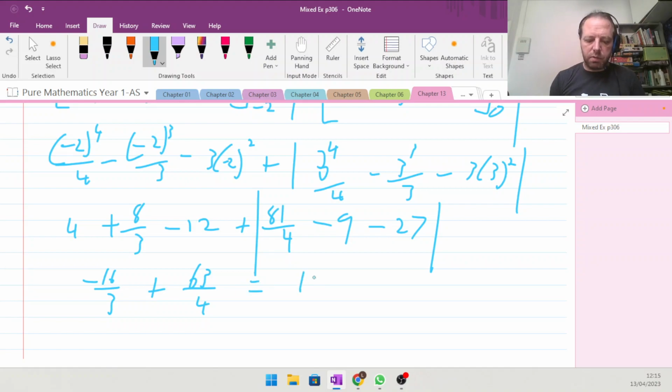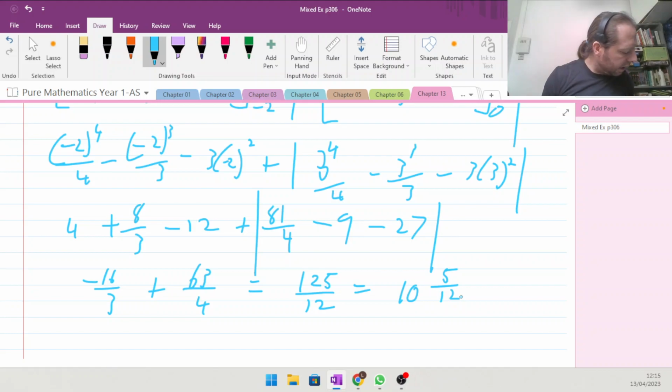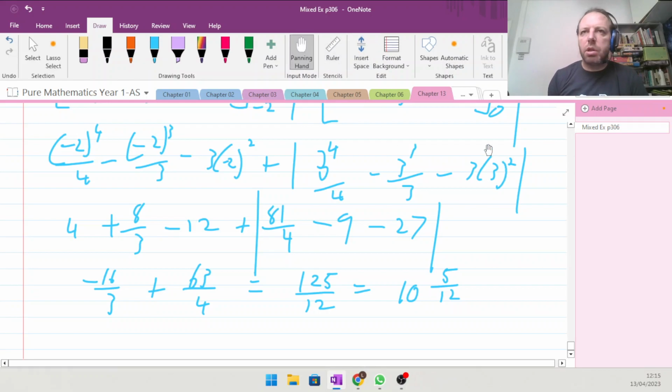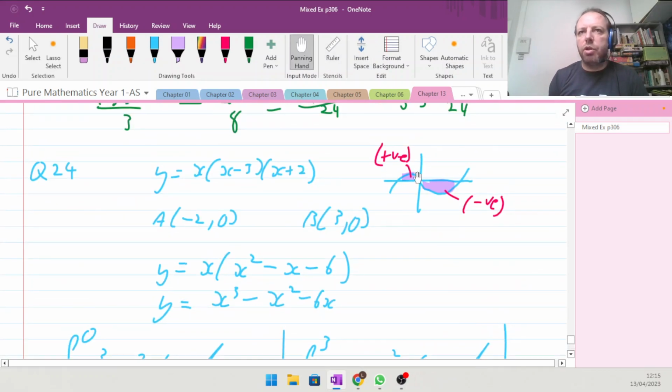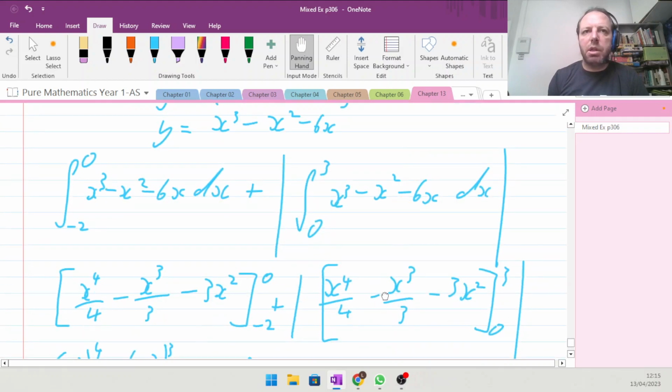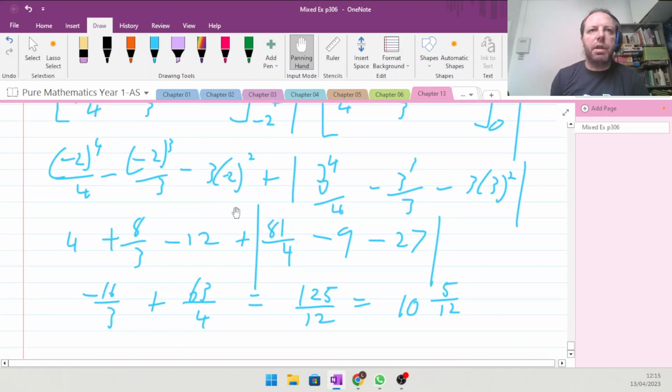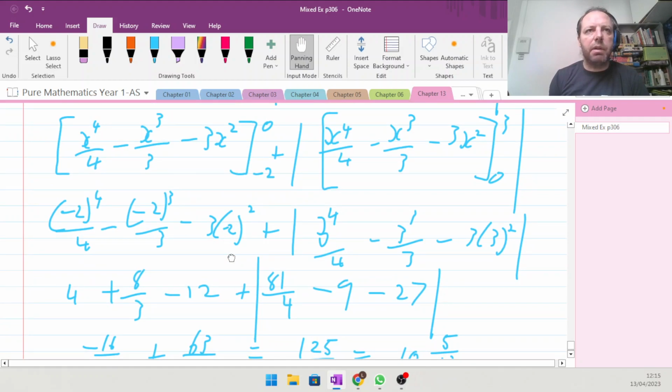That gives us in all 125 over 12, which gives us 10 and 5 twelfths. Now I had a feeling that was wrong. Why? Because this bit on the left, looking at my graph, should be giving me a positive answer. So I'm not happy with what I've got written down there, and I want to go check that one out again.